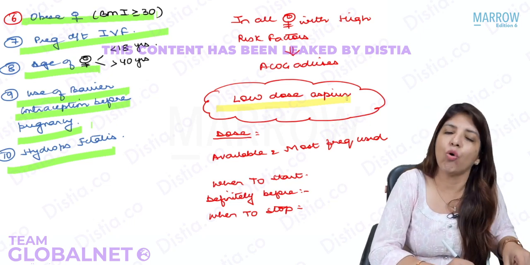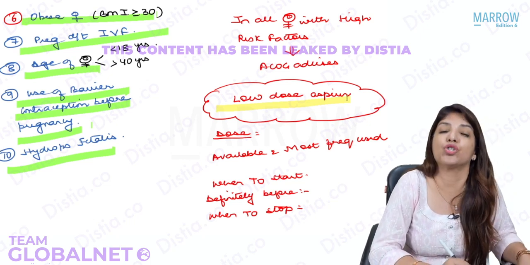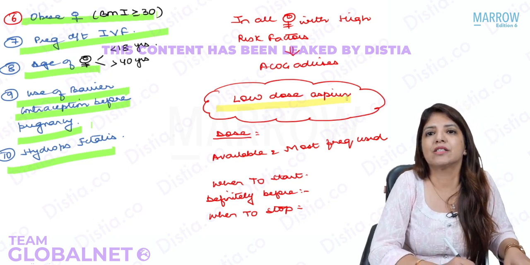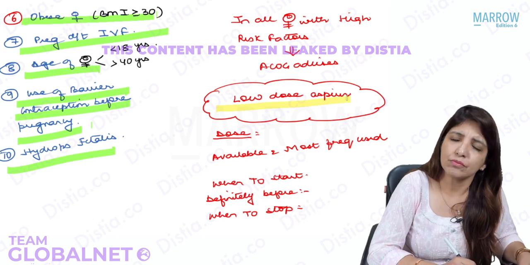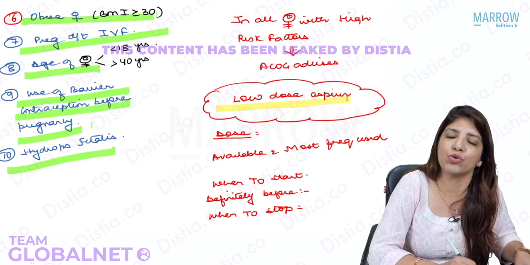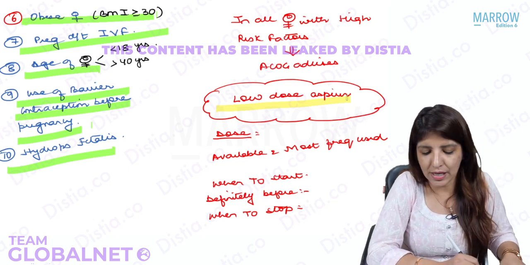This means that in all twin pregnancies, all diabetic females, and all females with kidney disease who become pregnant, you are going to start low dose aspirin.